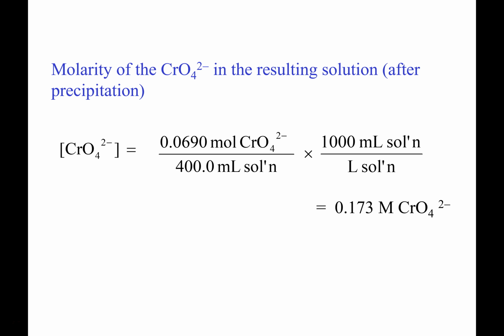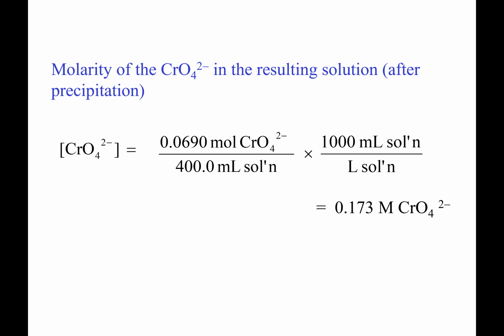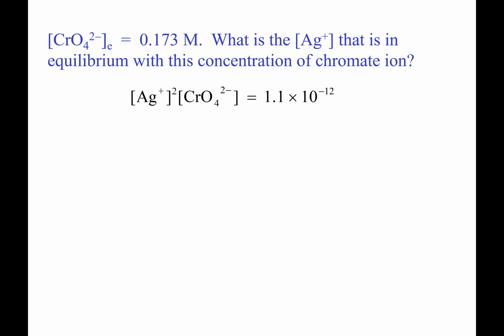So if that's at equilibrium, now we can kind of finesse the KSP expression for your silver chromate to get to the silver ion concentration by revisiting that equilibrium constant expression. So here's what that looks like. So this was our original KSP expression.